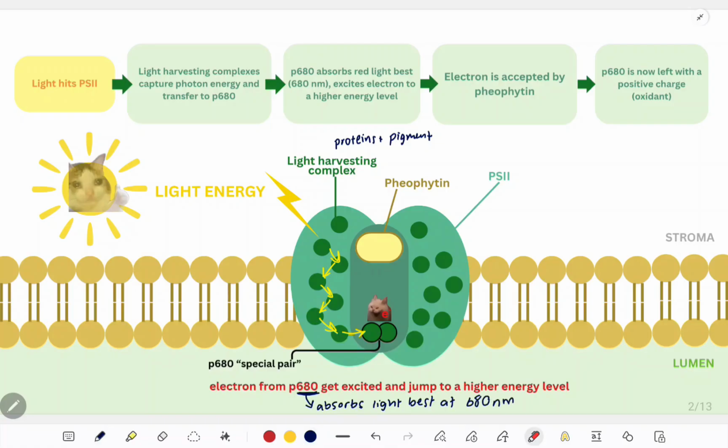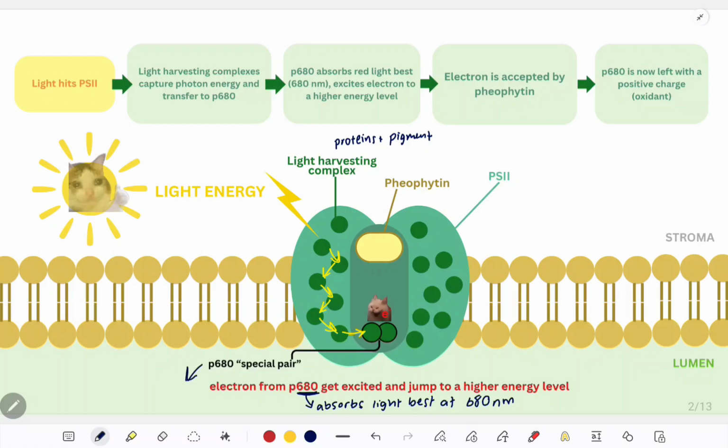So once P680 absorbs this light, the electrons in its structure become excited. And one of the electrons is ejected, and this leaves P680 with a positive charge.